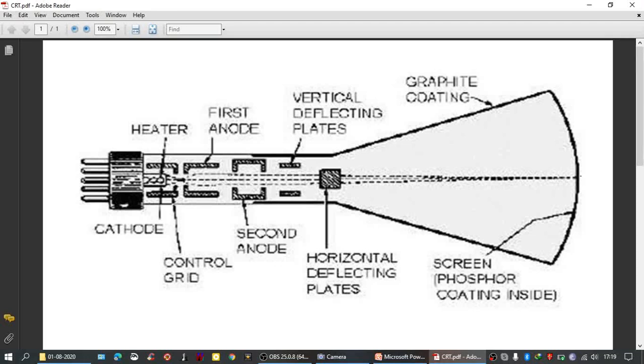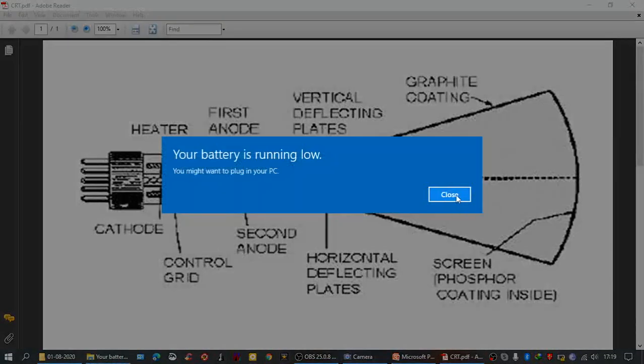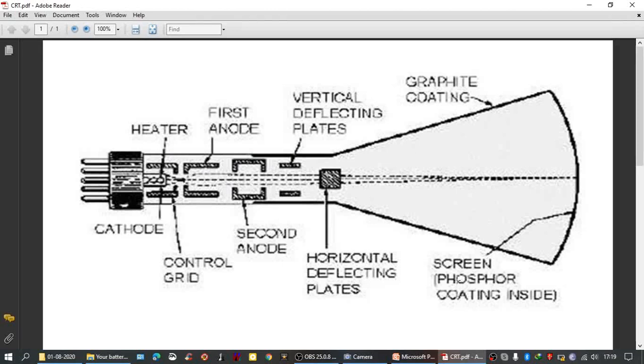As a result, an illuminating spot or a luminous spot is generated on the surface of CRO screen at different points depending upon the position of the electron beam due to the voltages applied on vertical and horizontal plates in the X and Y planes.